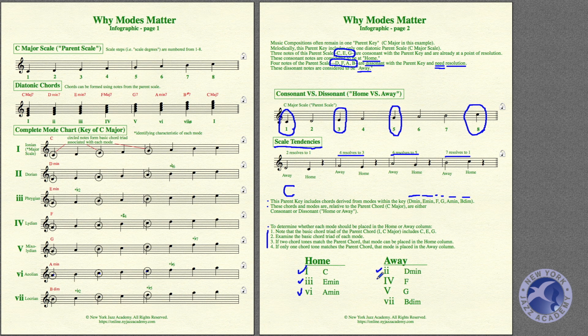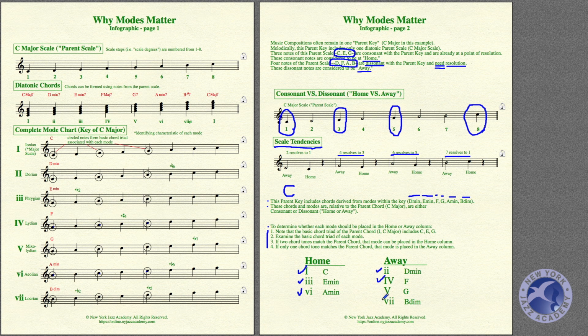Let's finish the aways here. F. So F includes F, A, and C. F and A are both away notes, right? Here are my away notes: D, F, A, B. So F and A are both away notes.